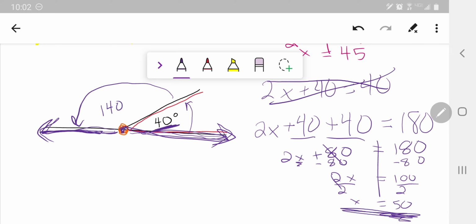If x is 50, then we plug it in and we get that 140. And then we see that we were right because 140 plus the 40 over here makes 180. So that linear pair with that specific x plugged in of 50 would add up to 180. All right, so those are two situations.